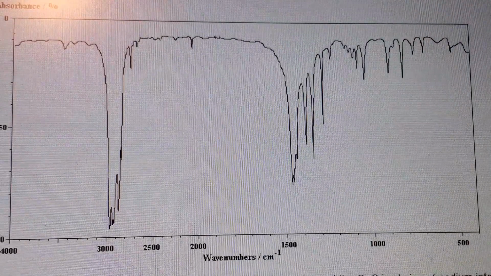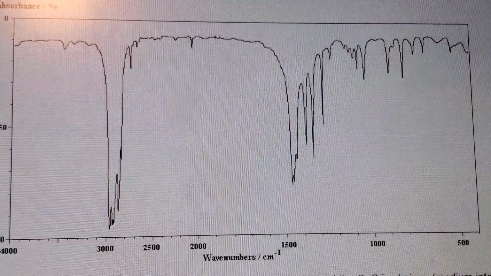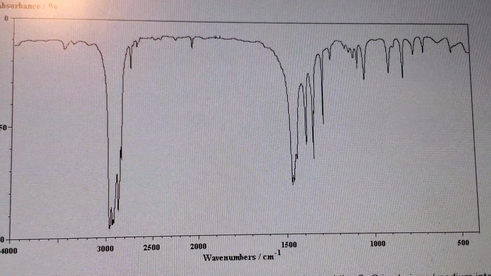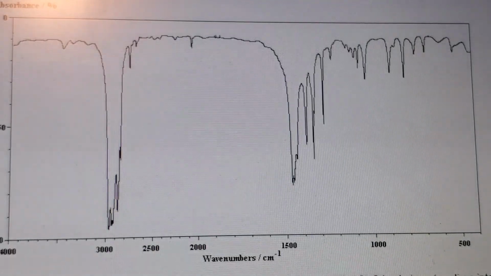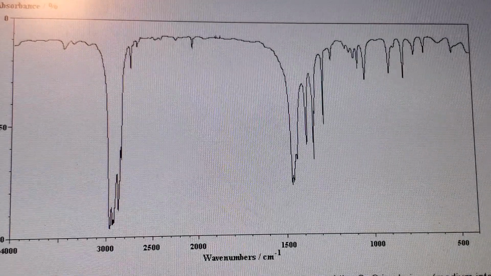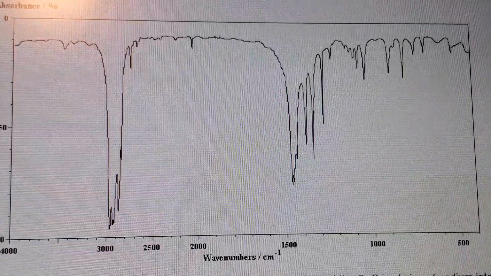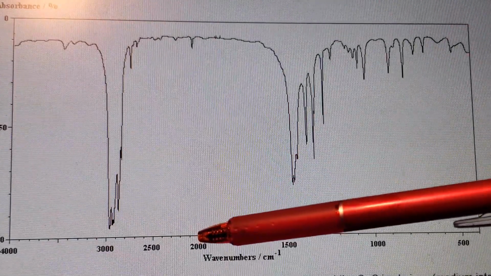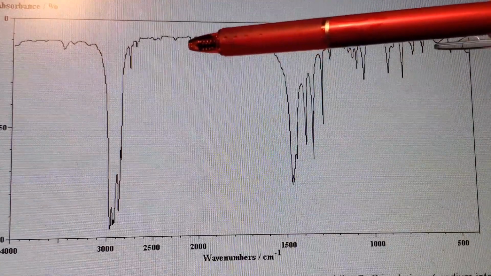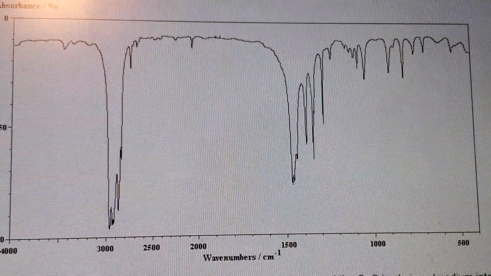And for an alkyne, you expect some CH stretching over 3000. Not really, right? If you have a triple bond in the middle of the molecule, you don't have that CH, so you don't see that. And then around 2100, 2200-ish, you have something, but that's too small.